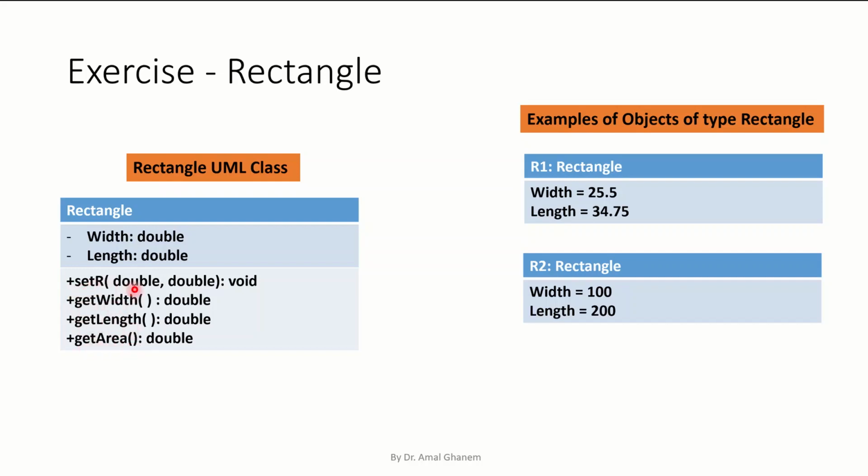With the set, we have double values as parameters, void as a return. For get width and length, double values. For get area, the return is double because we calculate the area. Examples of objects or instances, they call them R1 and R2, and they have width and length, and they just have sample data.